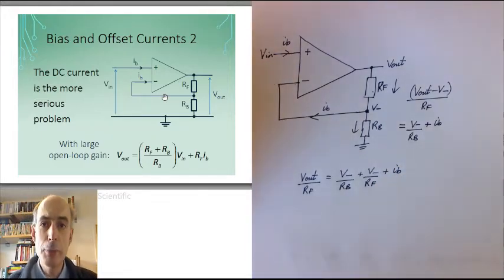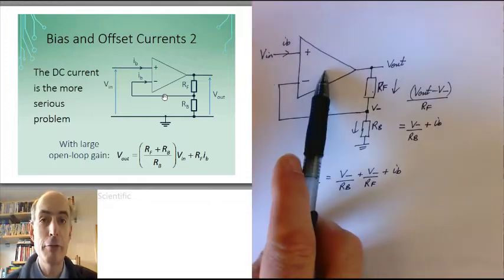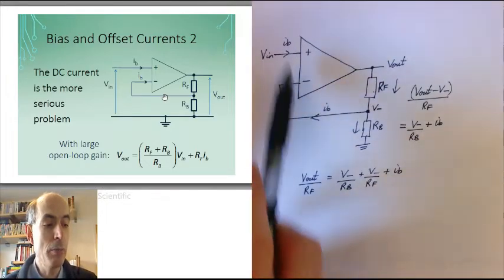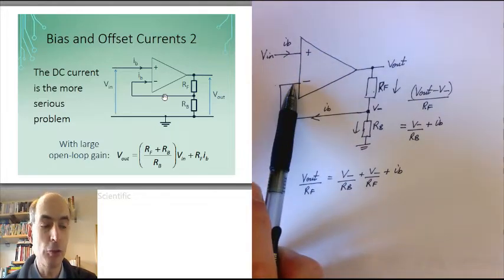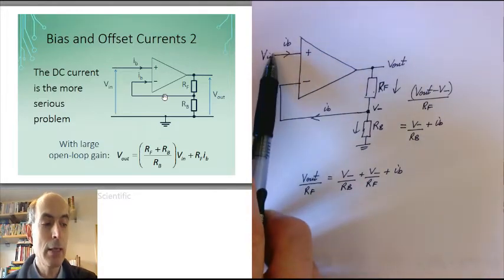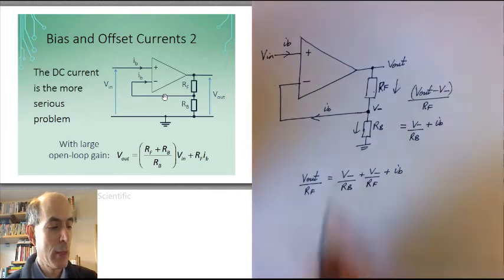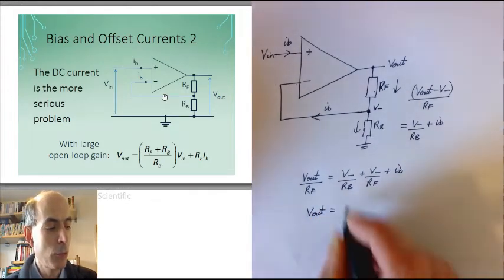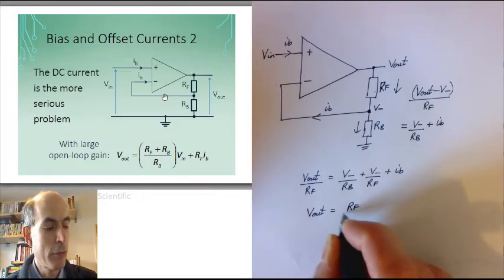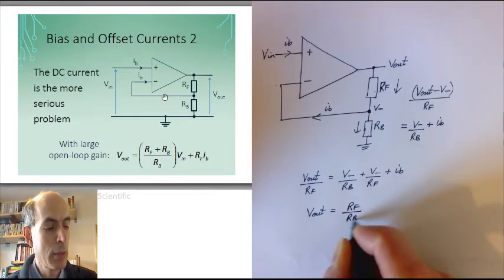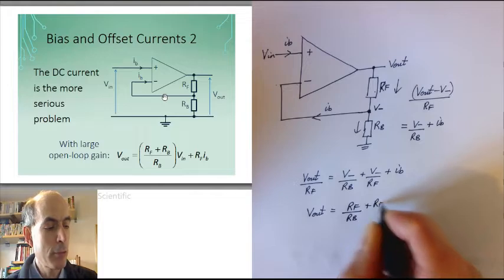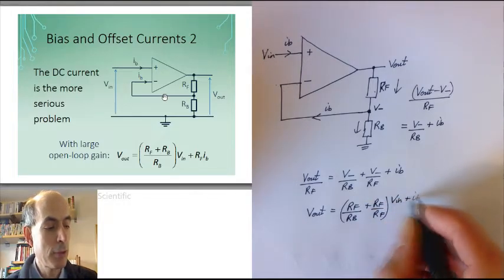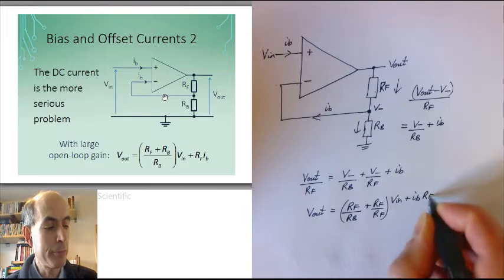Now, since at the moment we're assuming the op-amp has an infinite gain, its action will be to try and get its two inputs to be the same voltage, Vin equal to V-. In that case, I have this expression. Vout equals (RF over RB plus RF over RF) times Vin plus IB times RF.